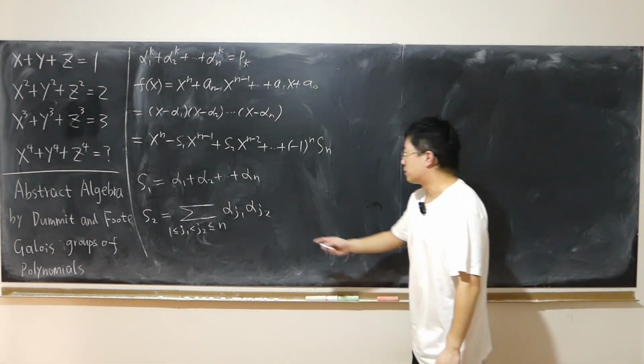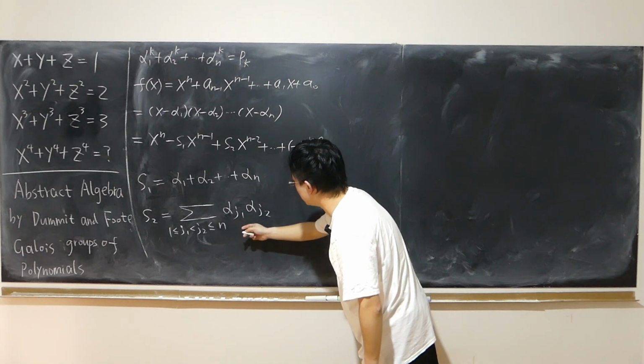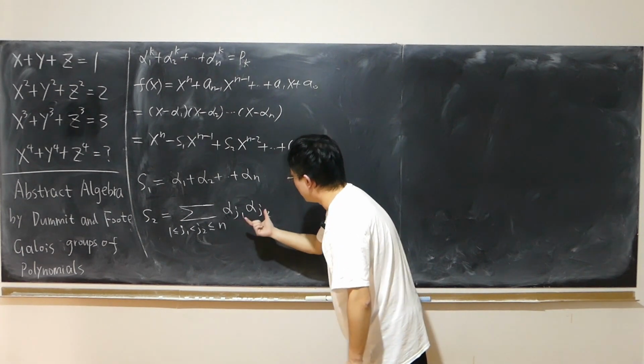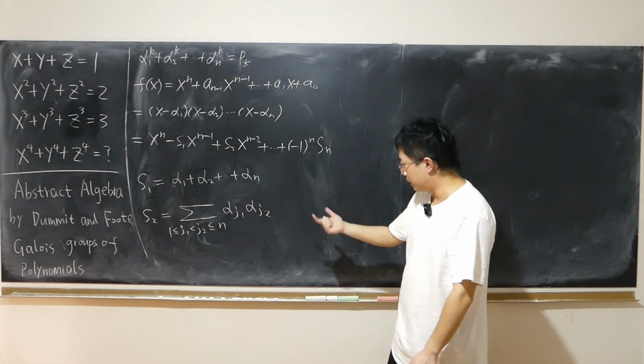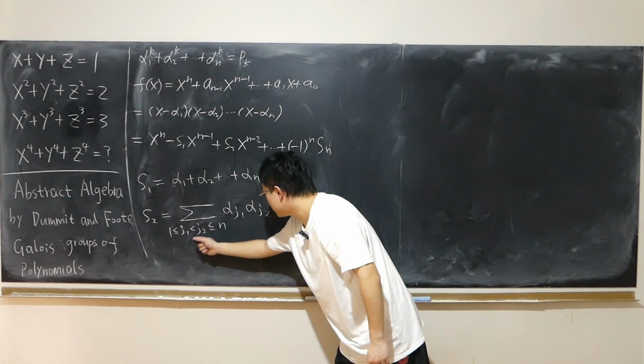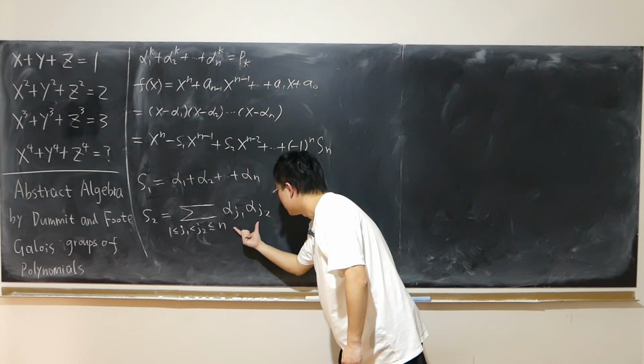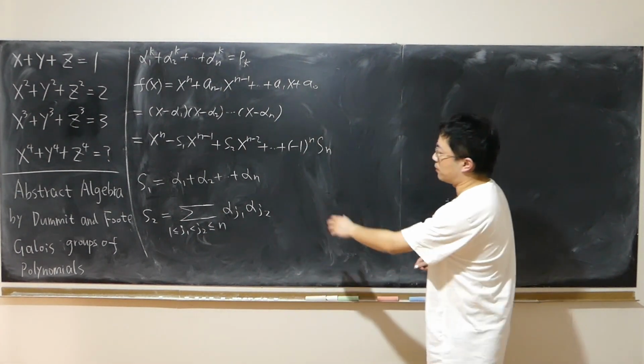But since alpha 6 times alpha 10 is the same as alpha 10 times alpha 6, that's already the same. So we say the first subscript is less than the second subscript, and that's why we add this requirement.